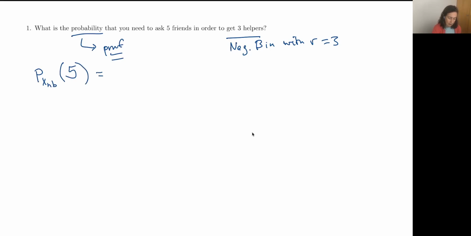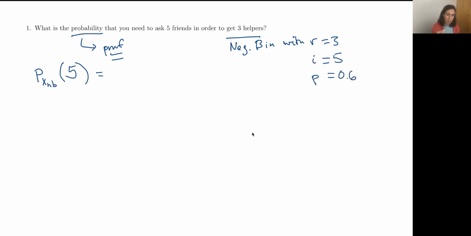So we've got r equals 3. We don't have n equals anything because it's a negative binomial. We've got i equals 5. The number that we're interested in is 5. And the other thing we need is p, and p is the 0.6 that I'd assumed before.